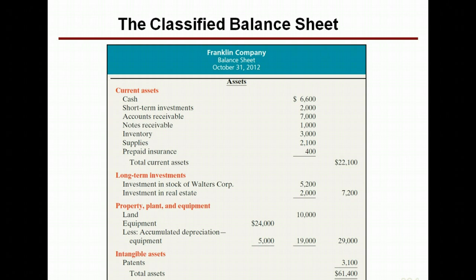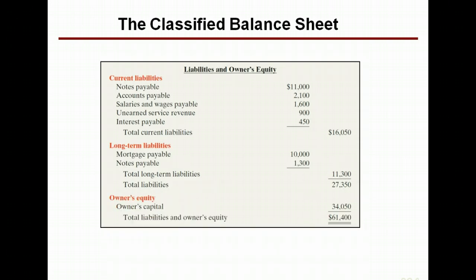So, total assets, $61,400, still needs to equal liabilities and owner's equity. Let's move forward, though, and talk a little bit about what those might look like. We have our current liabilities, and your author has a convention of putting notes payable first, and the rest of the liabilities in the order of their maturity date, or when they expect it to be paid.